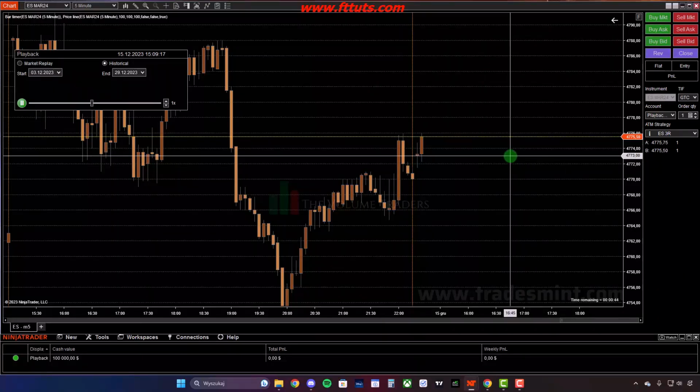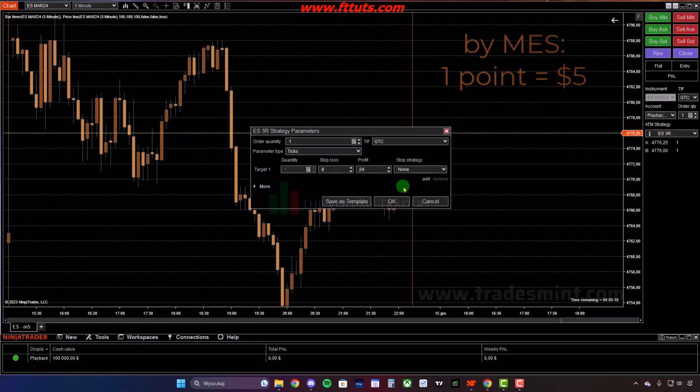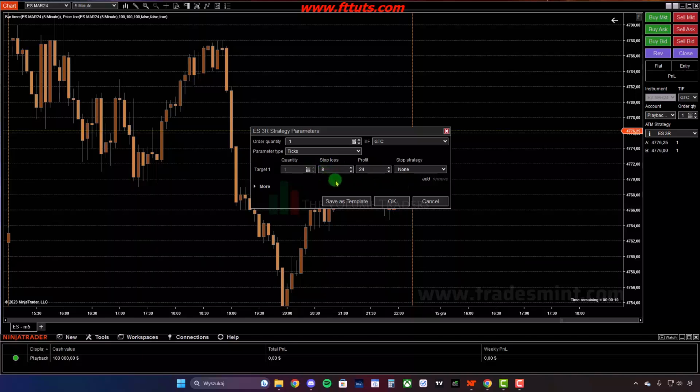So if I set my stop loss to 8 ticks, so 2 points, it means that with one contract I risk $100. So this is my stop loss. With micro contracts, it is all divided by 10. So with micro contracts, 1 point is worth $5. So the 2 points stop loss set like here, 8 ticks, means risking $10 per trade.